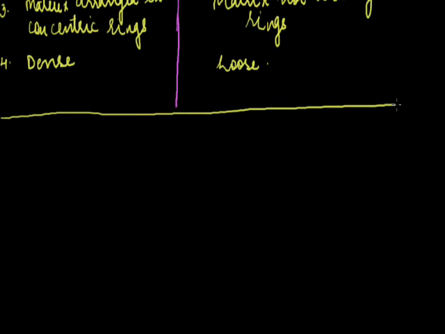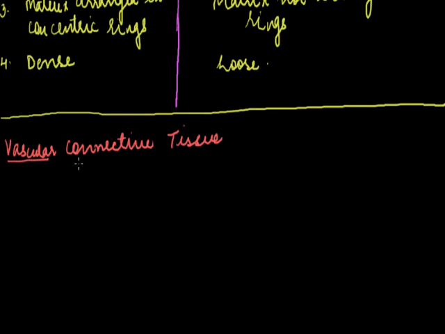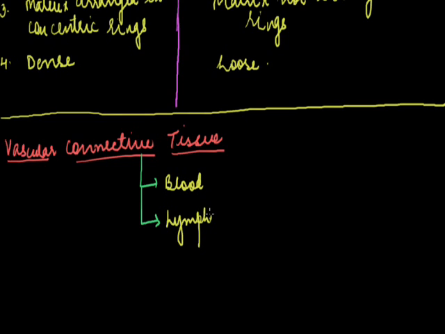Coming on to the next type of connective tissue, the vascular connective tissue. The vascular connective tissue is further divided into two subparts, namely blood and lymph.